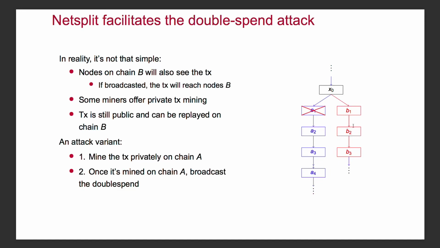Basically the double spend is going to spend the same coins that the transaction on the A chain spent, and then we can't really replay the transaction from the A chain because the coins have been already spent. So the point here is that net split is not only a denial of service condition. If someone manages to perform a net split on the cryptocurrency network, he can steal coins.